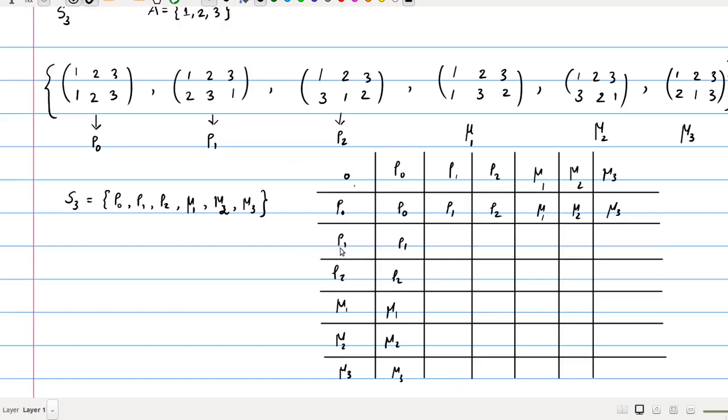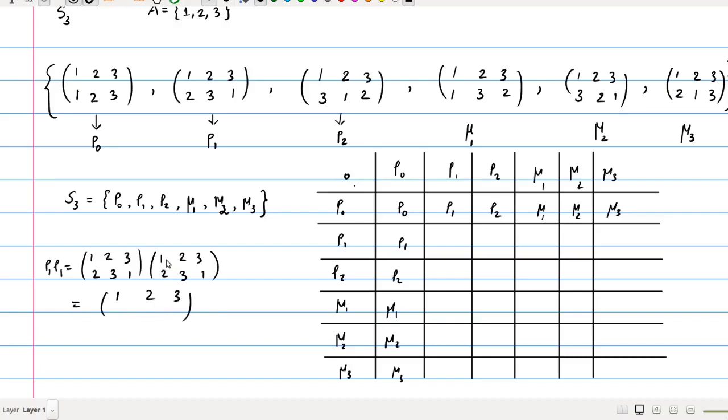Next we have to evaluate rho 1 rho 1. Rho 1 is evaluated using (1 2 3 / 2 3 1) and again (1 2 3 / 2 3 1). In order to multiply this, we need to assign images for 1, 2, 3 again.